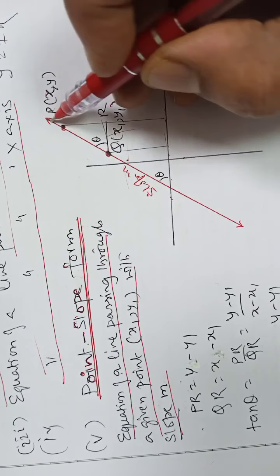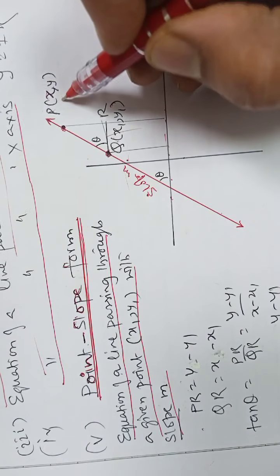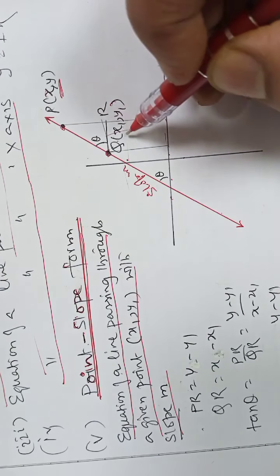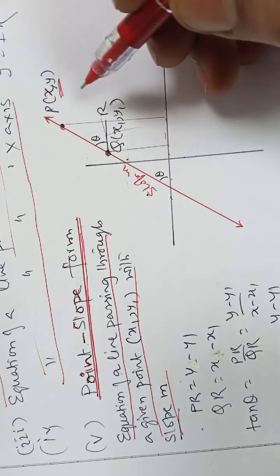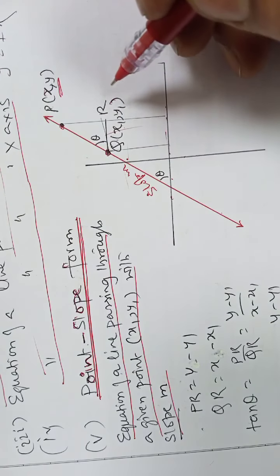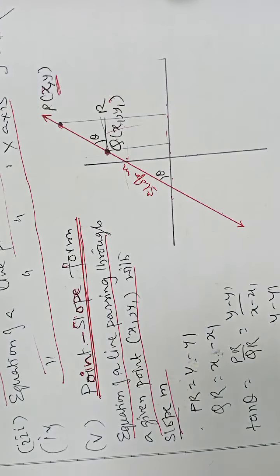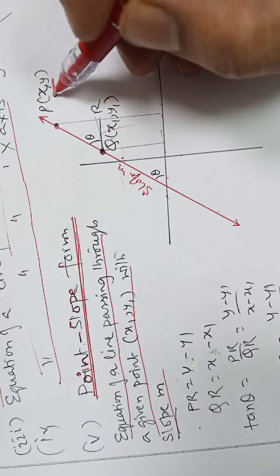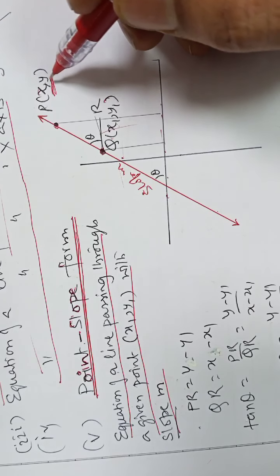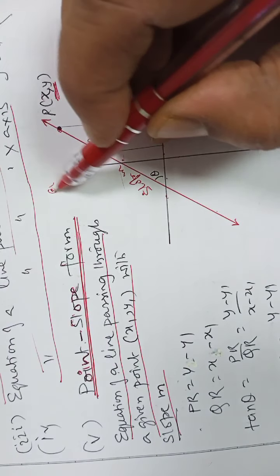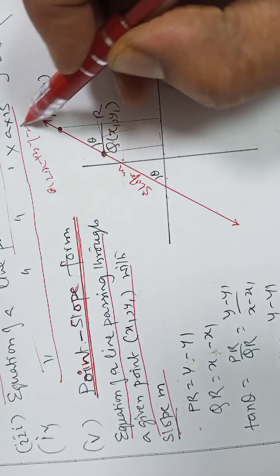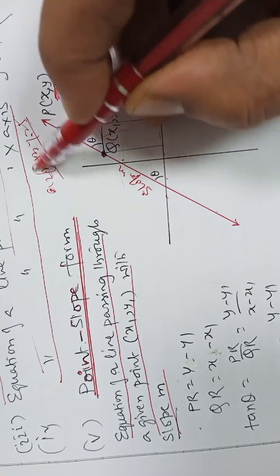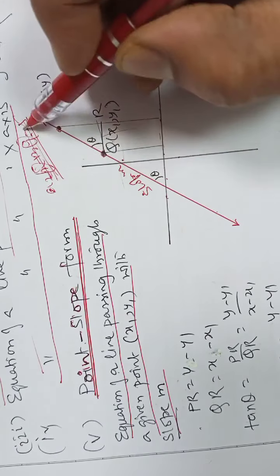The general point will be any point on this line, anywhere, that is (x, y). (x1, y1), (x2, y2), these are the given points, whose values will be given, like 3, 4, negative 1, 2. But in the equation x and y will come, as you have seen, like 2x plus 3y is equal to 5. This type of line you have seen, where x and y are any point on the line.